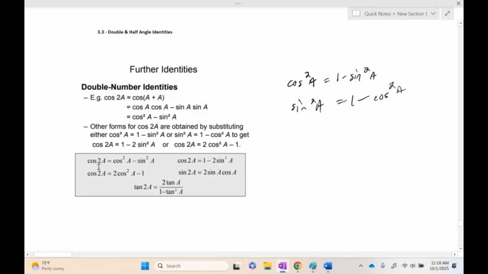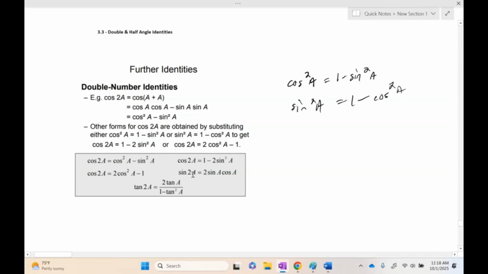In order to use the first formula, you must know both the sine and the cosine, if those values are handy. If you want to use the second formula, the only value you need to know is the sine. And if you wanted to use this third formula, the only value you need to know is the cosine. But no matter which formula you use, they should all give you the same result.